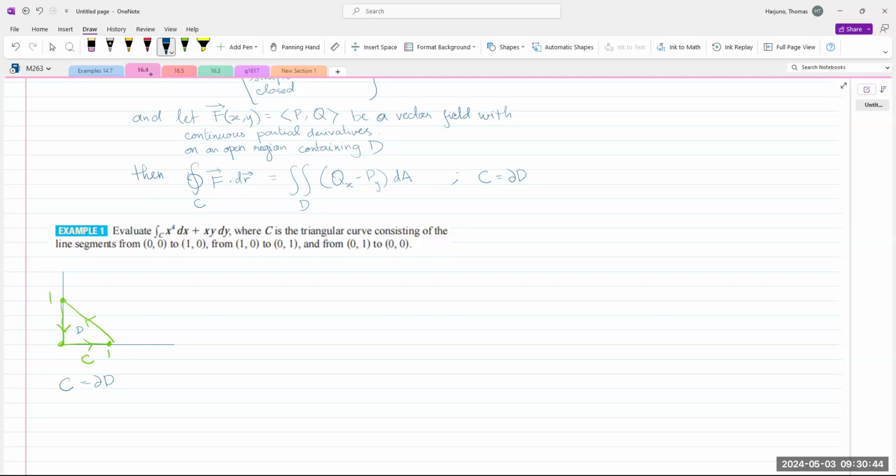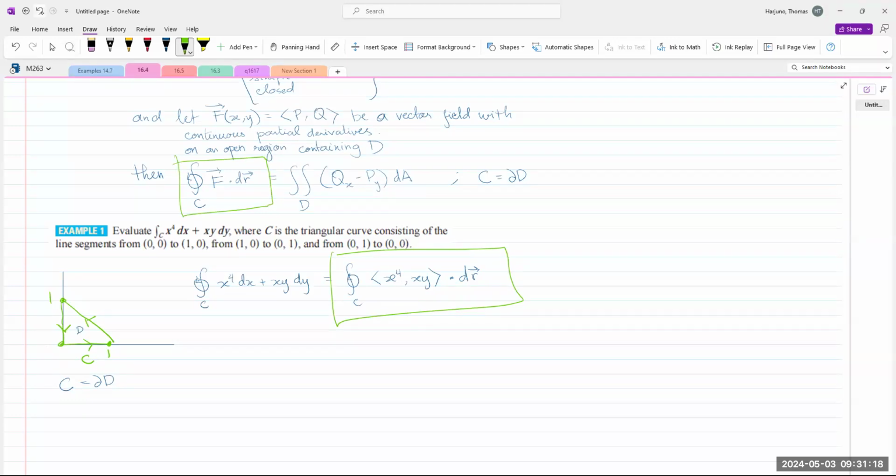Now the integral over closed curve C of x to the 4th dx plus xy dy is equal to the integral over closed curve C of (x to the 4th, xy) dot dr. I basically re-express this integral as in our theorem.